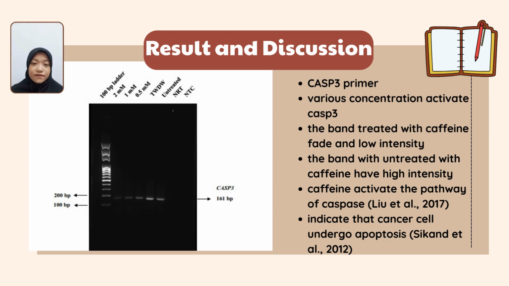The intensity of the DNA untreated with caffeine is high. So, we can see the difference between the band intensities. It indicates that the cancer cells treated with caffeine undergo apoptosis. This means that caffeine activates the caspase pathway that leads to apoptosis. So, it shows that objective one of this study has been achieved.